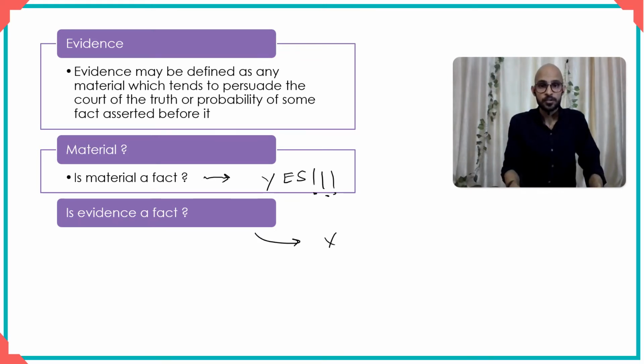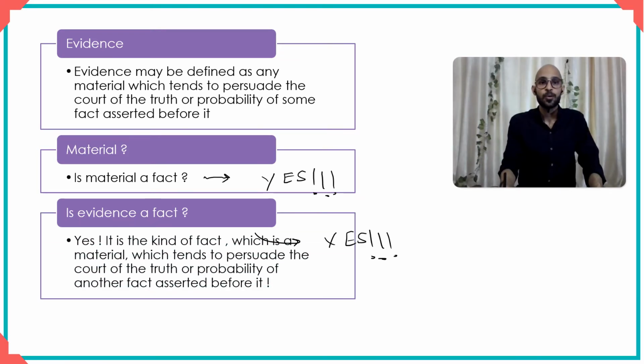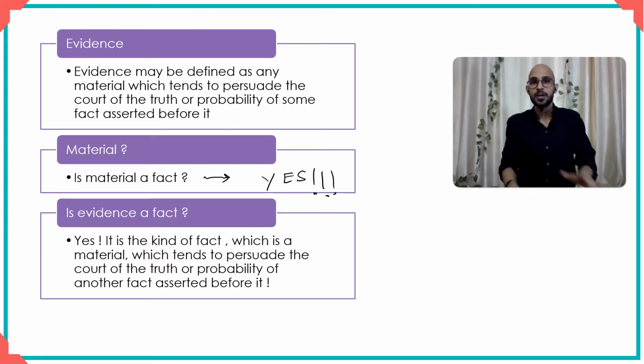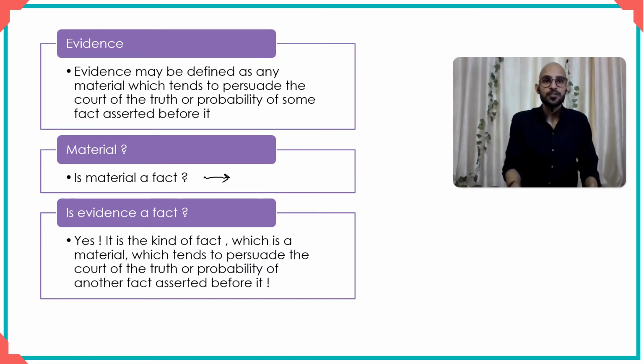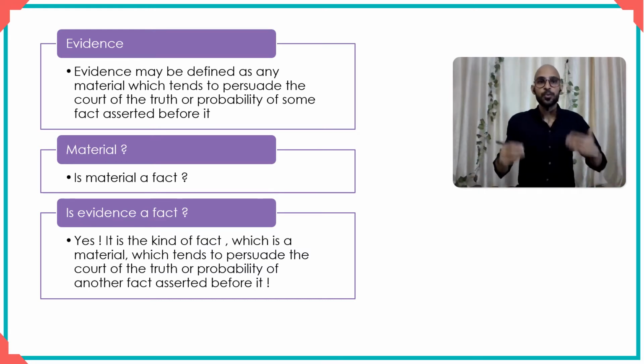Well, going by this logic, I'd have to say yes. Now, what kind of fact is it? It's important for you to understand that evidence is a fact, true, but it is the kind of fact, a type of fact which you can see in comparison to the definition here. You can juxtapose both of these and see them. And evidence, of course, is a fact as well.